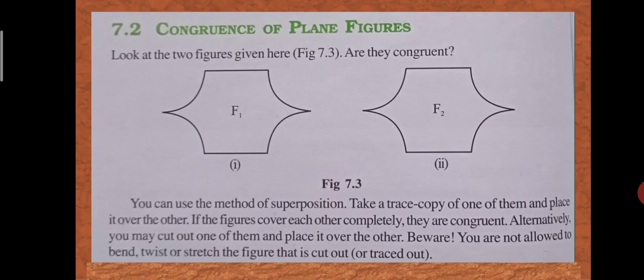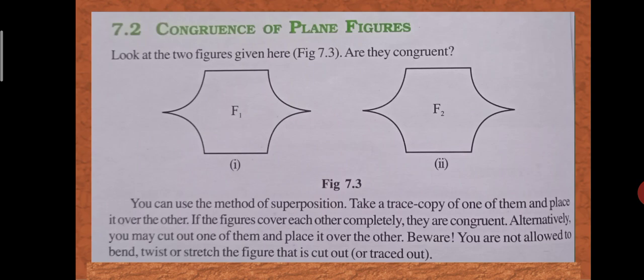Alternatively, you may cut out one of them and place it over the other. Beware, you are not allowed to bend, twist or stretch the figure. That is, cut out or trace out. Congruence of plane figures means suppose you took any two shapes and then you cover one figure on the other.